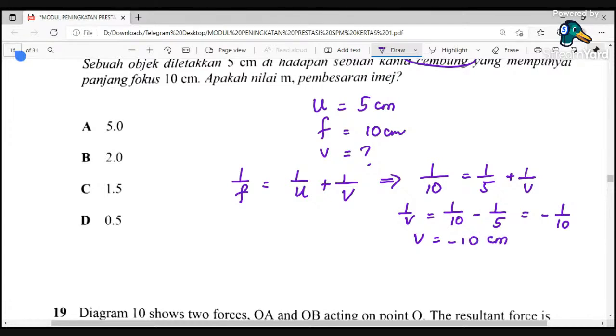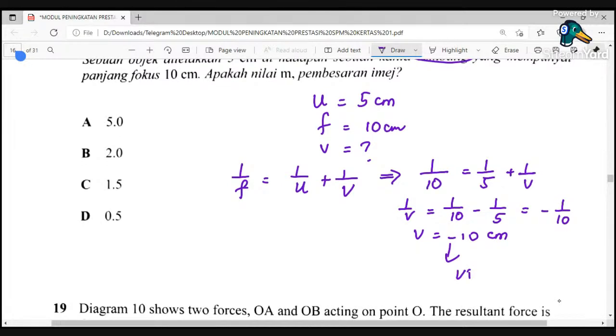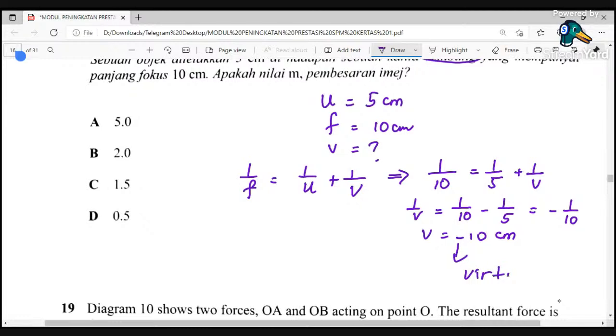Kalau you dapat negatif macam ni, interpretation ialah virtual. Image dia adalah virtual. Sekarang you nak calculate m, v divided by u. Okay, bila you calculate untuk v divided by u, tak perlu masukkan tandaan negatif sebab m ialah scalar, hanya menunjukkan perbezaan saiz objek dengan image sahaja.